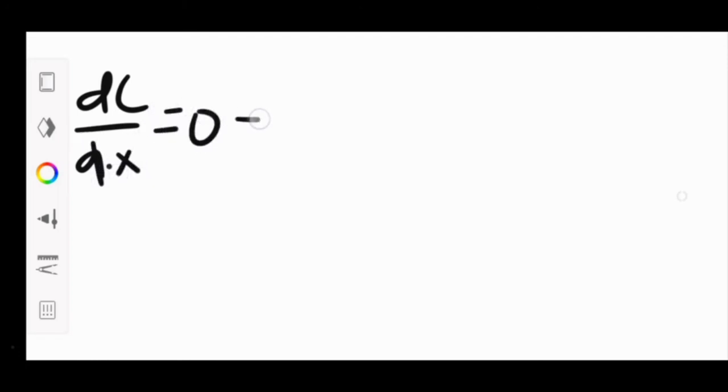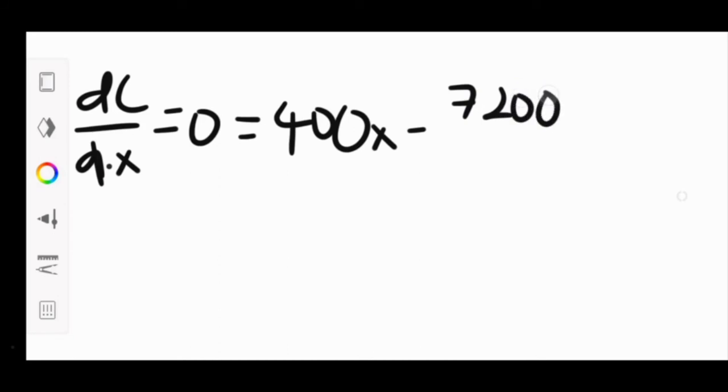To minimize the cost, we will have to differentiate the equation, which is dC/dx = 0. After we differentiate the equation, we will get 400x minus 7200/x squared.